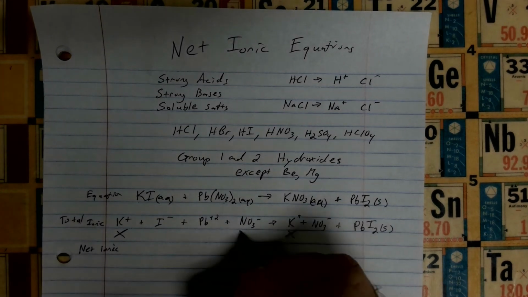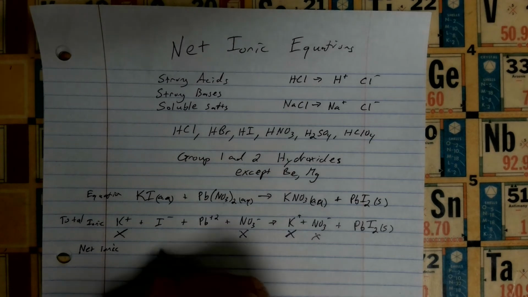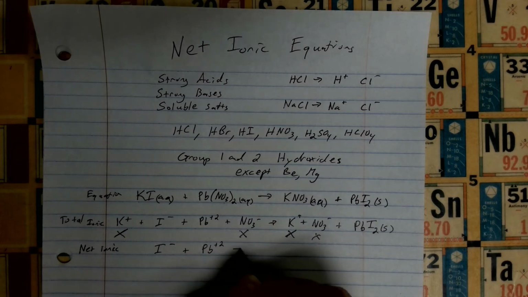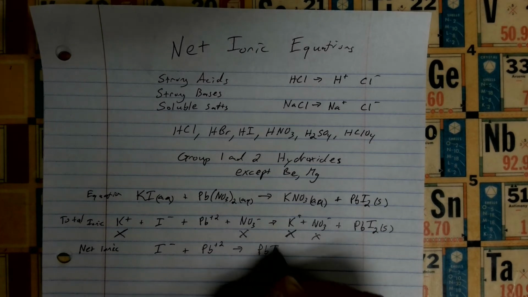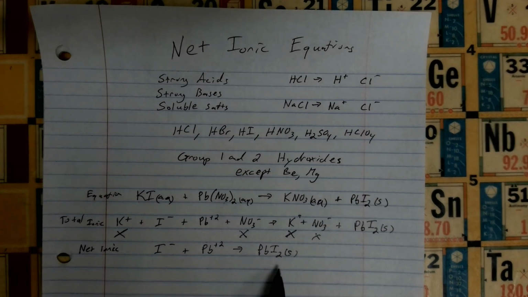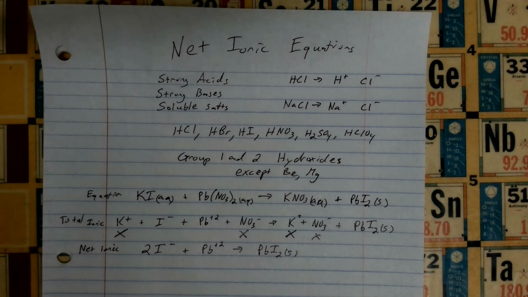And there's also nitrates, so I'm going to get rid of those. So what's left is I minus plus Pb plus 2 yields PbI2 solid. Then you still have to balance it. Since I have two I's over here, I would need a 2 there to balance it out. Okay.